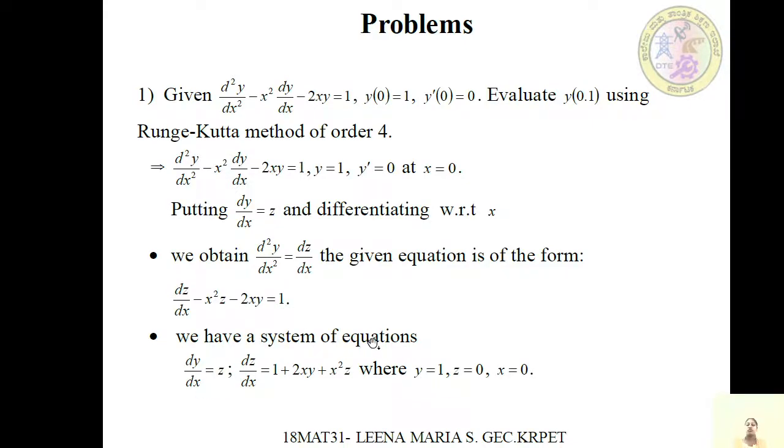Hence we have a system of equations: dy by dx is z and dz by dx is equal to, on shifting the terms to the right hand side, 1 plus 2xy plus x square z, where the conditions given are y equals 1, y dash, which is nothing but z, is equal to 0, and x is equal to 0.